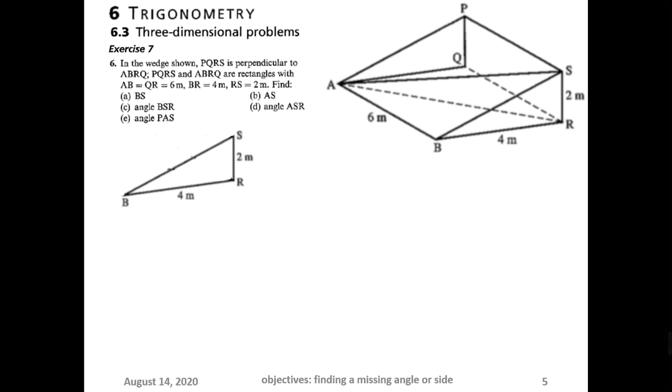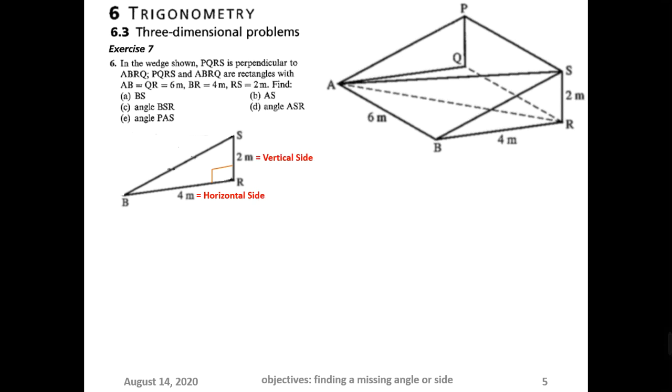SR is 2, the side is given to us in the question, and BR is 4 meter. Now, immediately you should identify the right angle in this triangle. And then, if 4m is the horizontal side, then 2m is the vertical side.